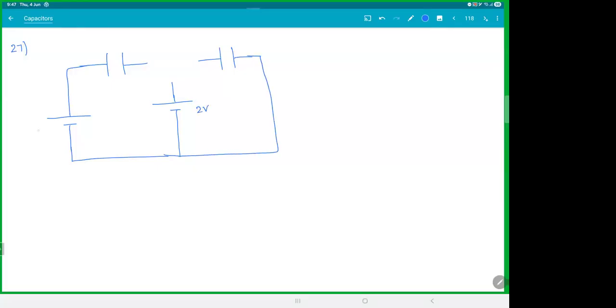So this is a battery 2V, this is V, this is C, and this is also C. Here we have a switch. This was A and this was B. You can flip the switch between A and B, so you can connect the switch to A or B. Initially the switch is at A. Then find the charge distribution and the heat produced when the switch is flipped to B.